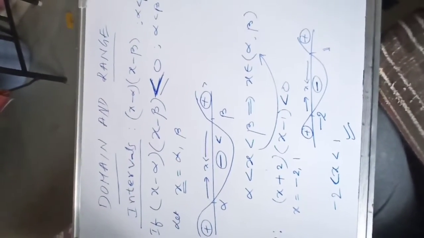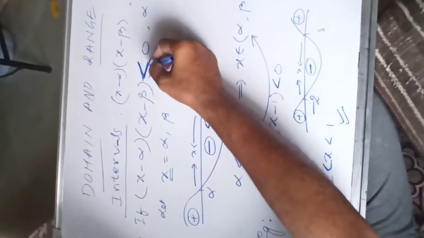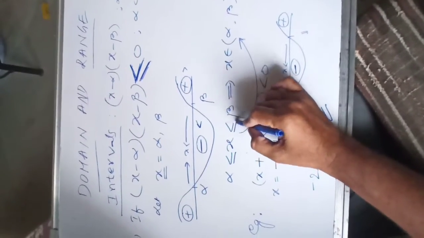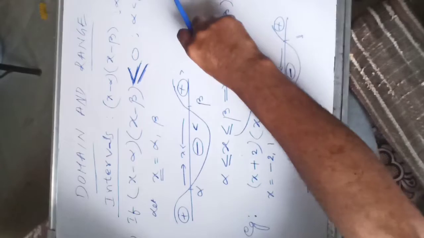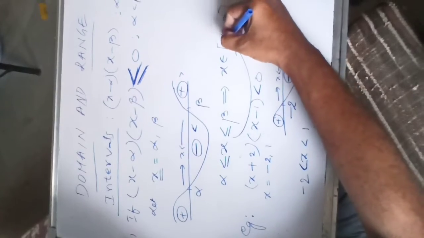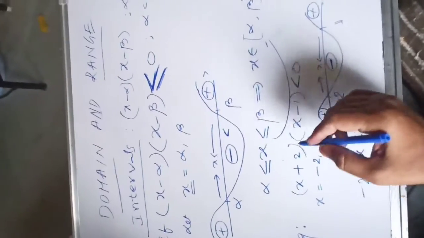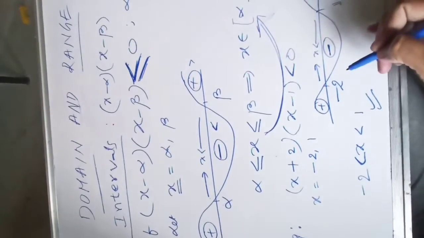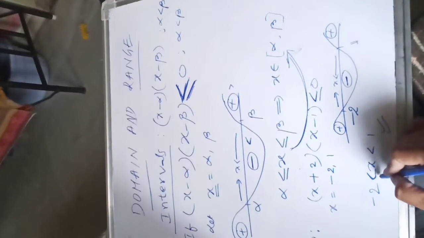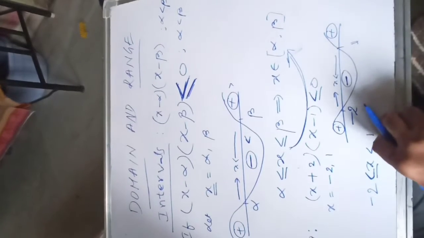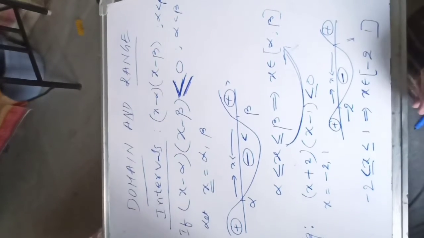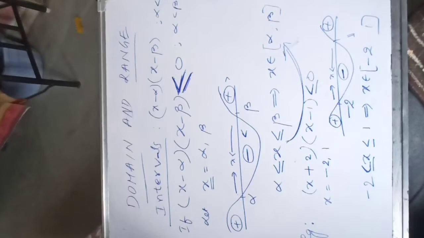The same case will come. Here, since it is less than or equal to, instead of an open interval we write a closed interval. This answer we can also write like this. The same example with less than or equal to: x belongs to the closed interval minus 2 to 1.